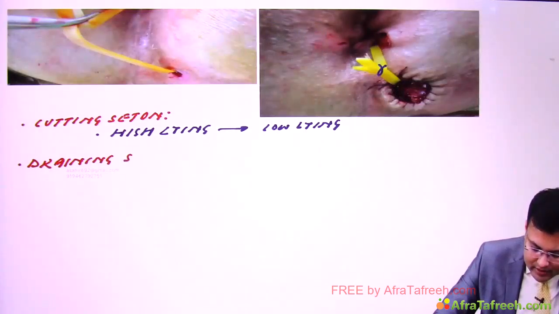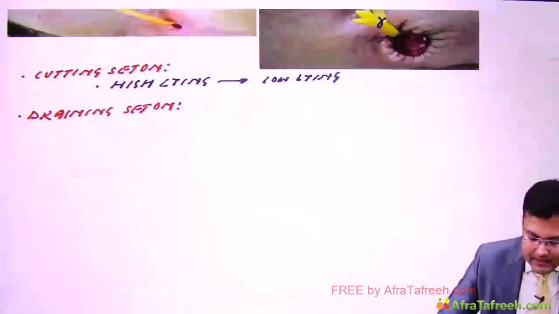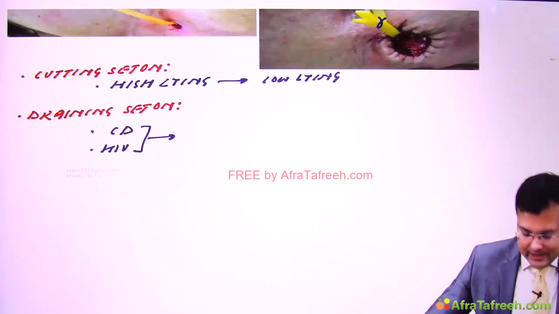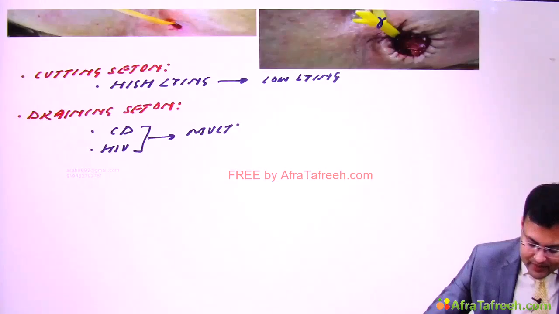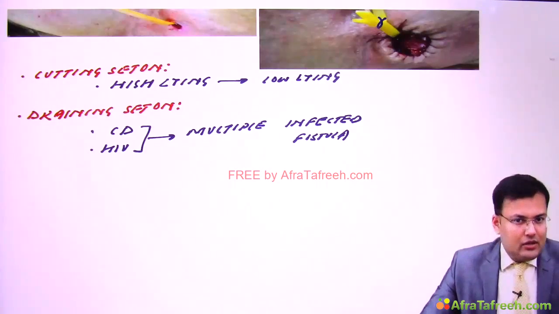Draining Seton is used in patients who are having multiple infected fistula like Crohn's disease and HIV positive. These patients have multiple infected fistula, and this is used to control the infection, to drain the abscess or pus collection. So this is how we manage the patients of fistula in ano.